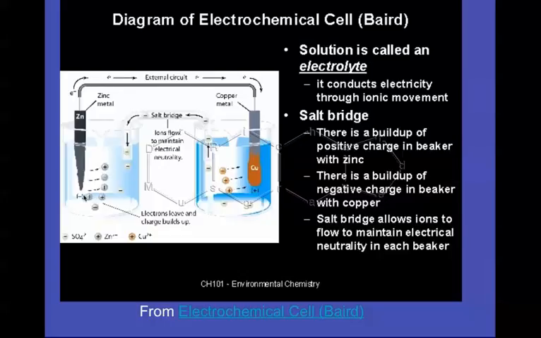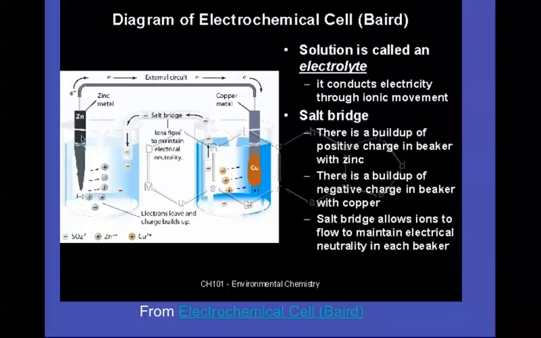Now I said that this was a solution in zinc sulfate, and that's a solution in copper sulfate. So we've got all these negative sulfate ions floating around. What's going on with those? Well, if we've got copper 2+ over here, and that copper 2+ is disappearing because it's turning into something that's not charged, then it's not going to need the negative ions anymore to counterbalance that charge. Those negative ions have got to go somewhere.